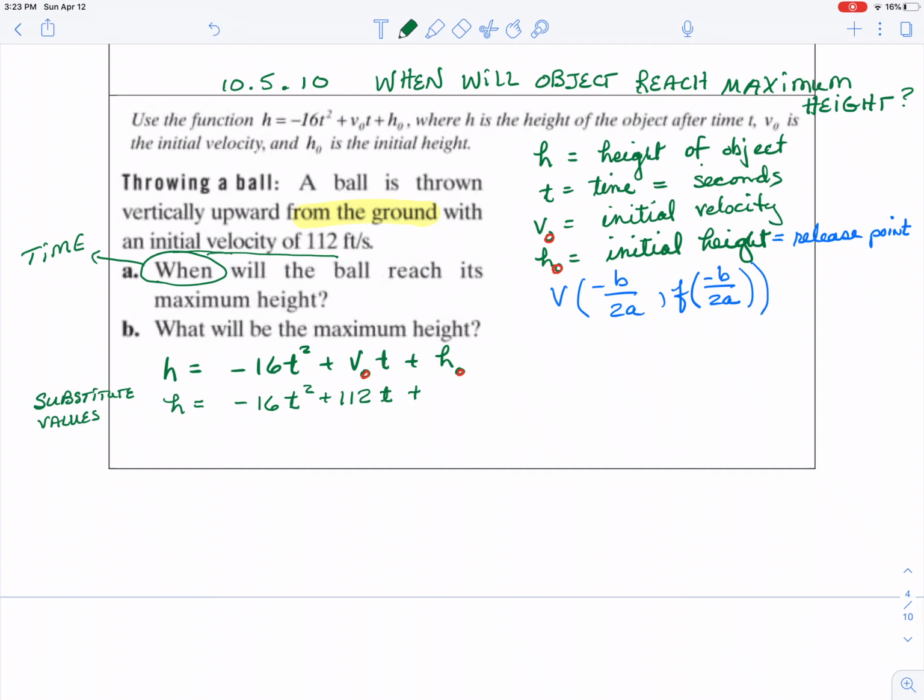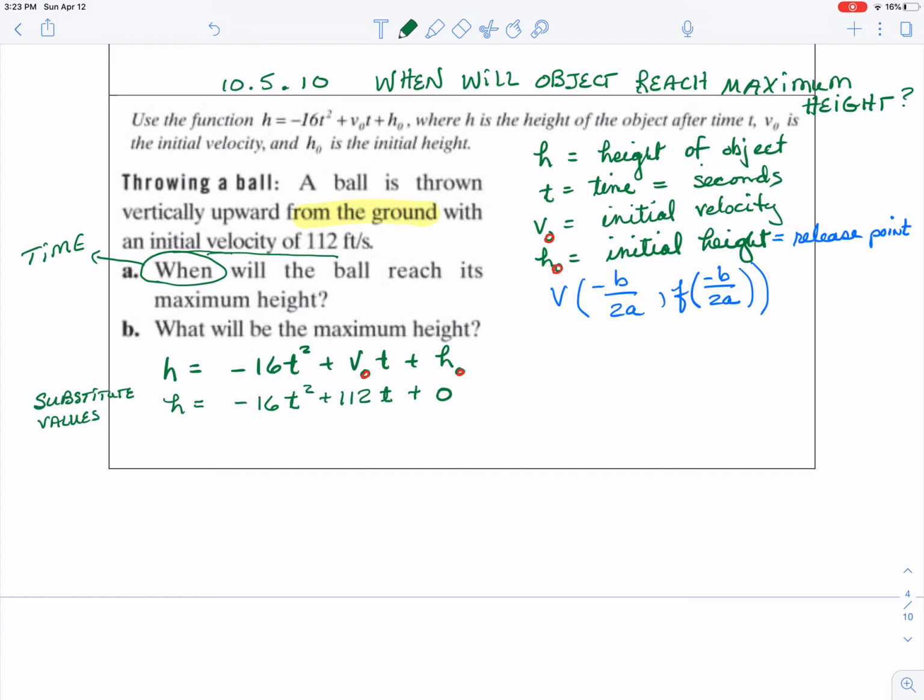And then h sub 0 is the starting height, the release point when in this case, the ball is thrown. And remember, I highlighted from the ground. So we're going to assume it really wouldn't quite be 0, depending on your height. It might be 3 feet above the ground when you let go of it, but for this case, we're going to go with 0.